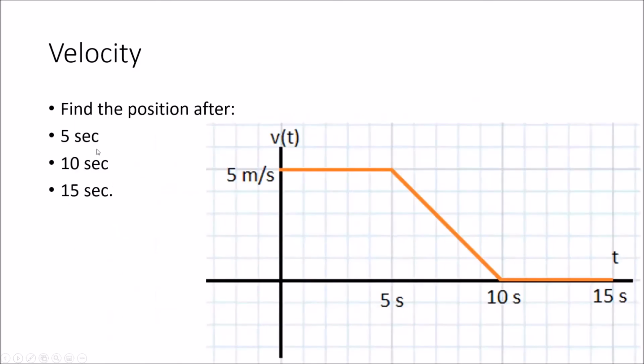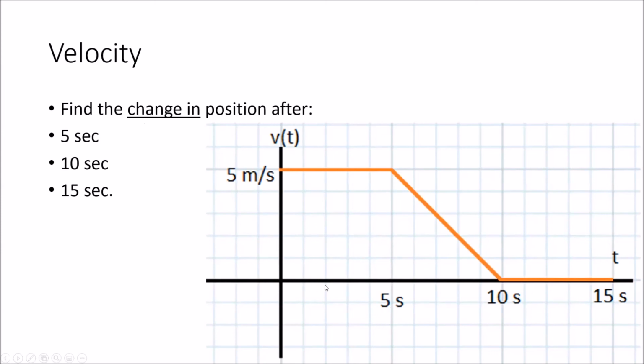Let's find the position after 5 seconds. That's just going to be the area. Actually, can we find just the position? No. What we need to be looking for is the change in position. Remember, I had that delta x. So we can figure out how much the position changed from t equals 0 up to the 5 seconds line.